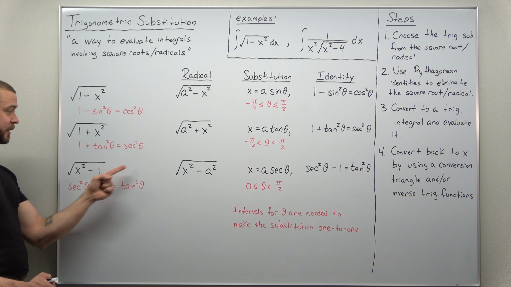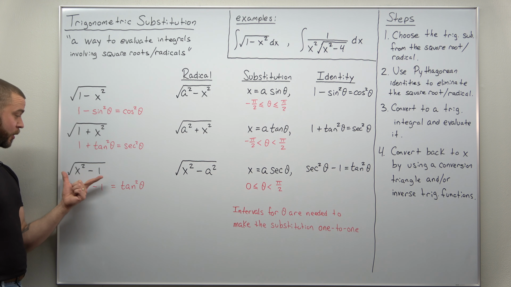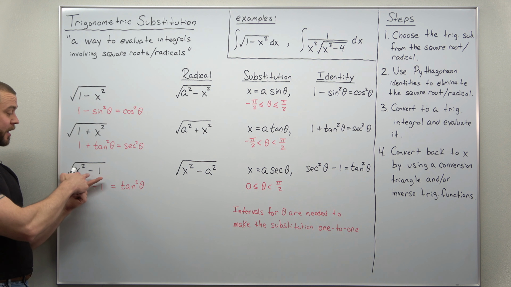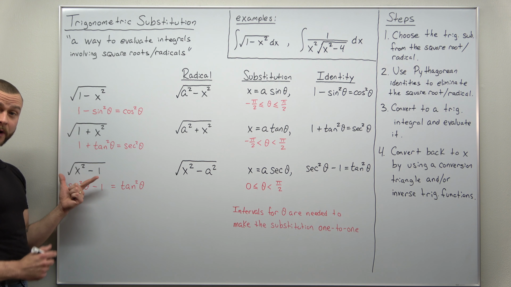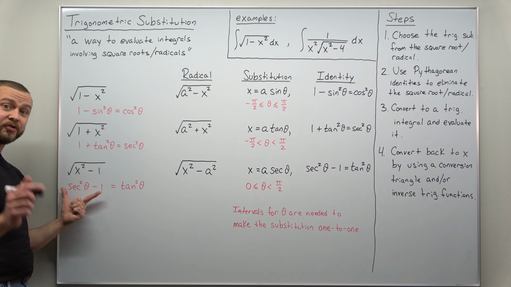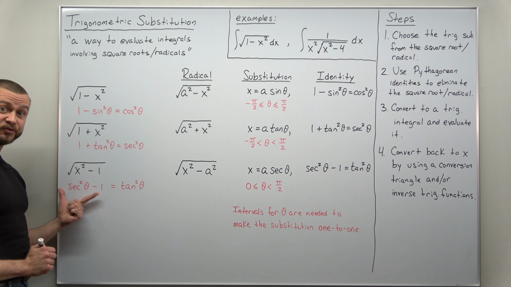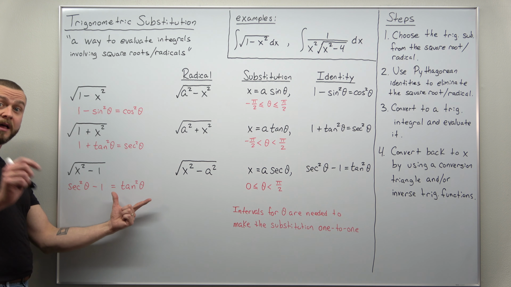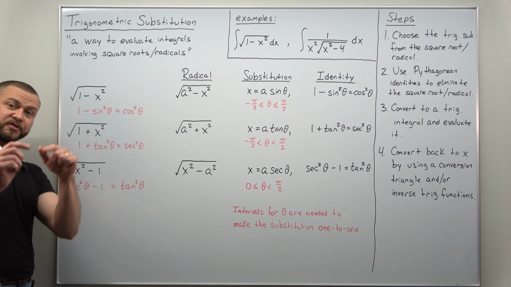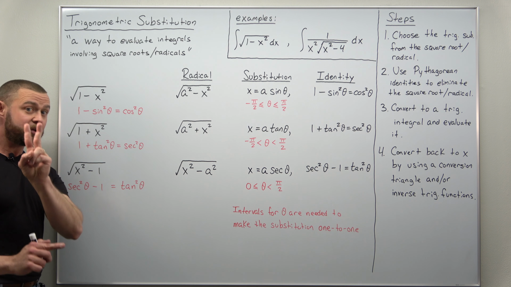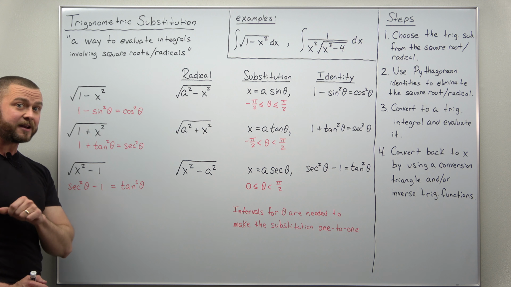You can just subtract the 1 to the other side, and we're going to notice now x squared minus a number, or x squared minus 1, looks very much like secant squared minus 1, which we can rewrite as tangent squared. So just make sure you are comfortable with the two Pythagorean identities we're using.